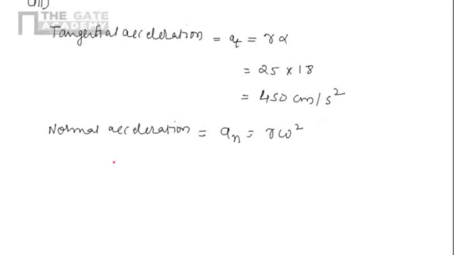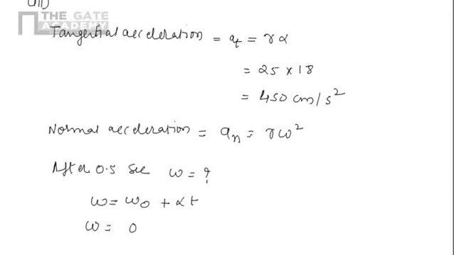But we have to find it after 0.5 seconds, so we have to find the value of omega after 0.5 seconds. Omega equals omega 0 plus alpha t, so omega is 0 plus 18 into 0.5, which is 9 radian per second.